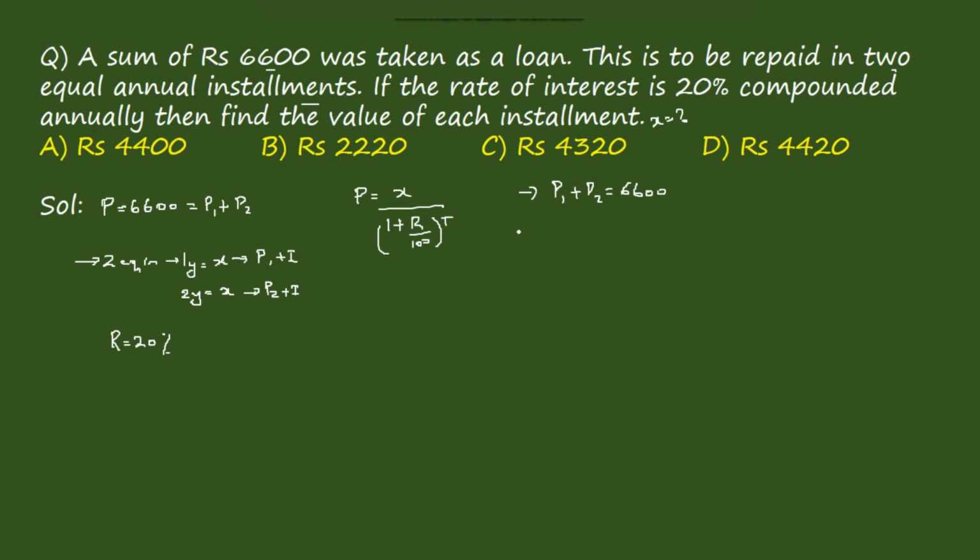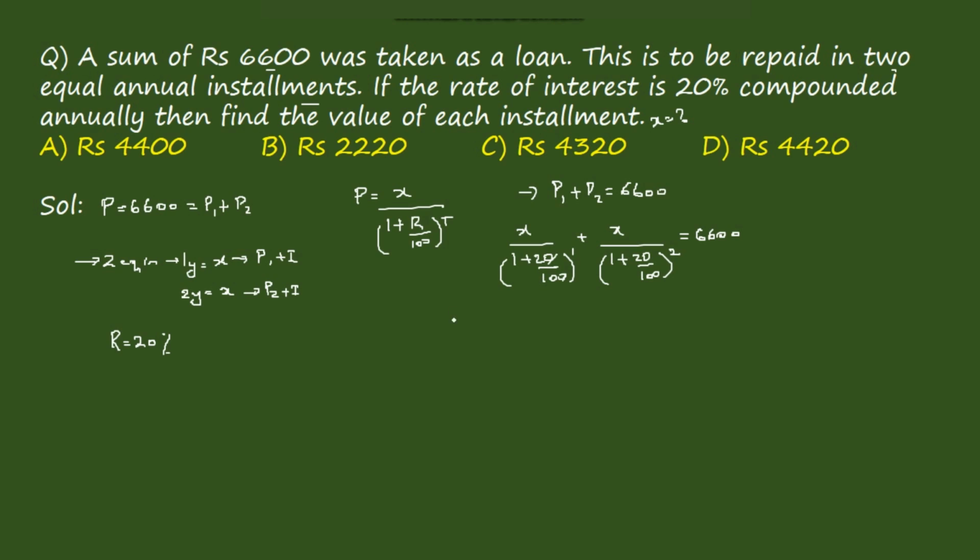Just substitute the values. We get x by 1 plus 20 by 100 for the first year, plus x by (1 plus 20 by 100) whole square for the second year, is equal to 6600.